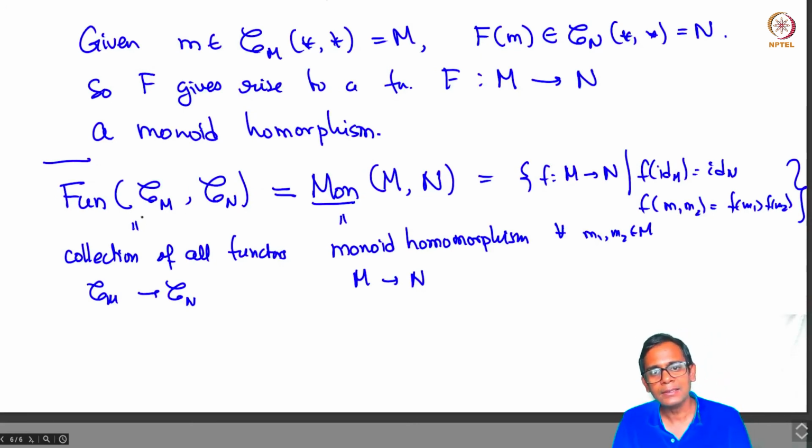So now let's ask, given two functors f and g from M to N, what are the natural transformations?